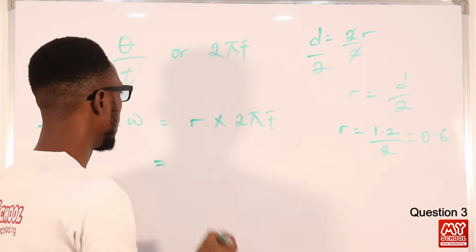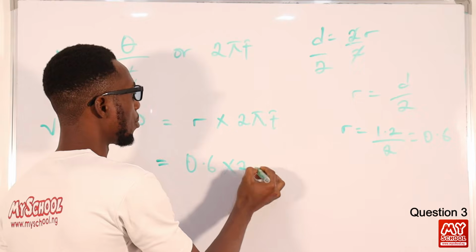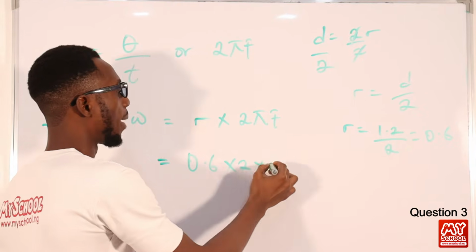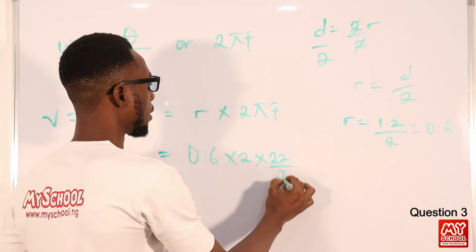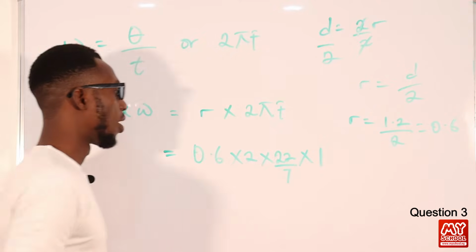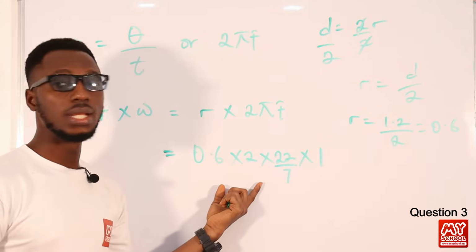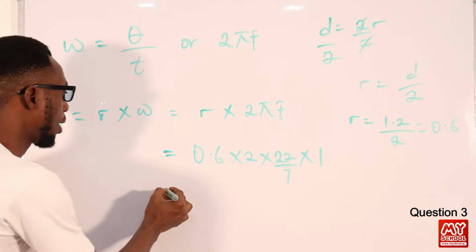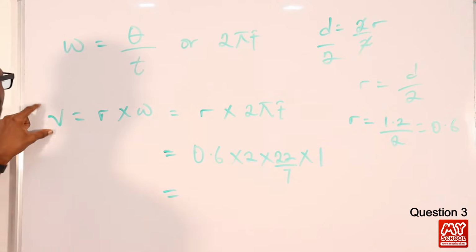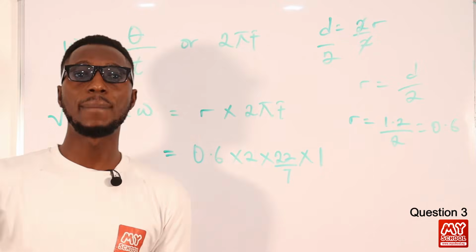So let me fix in the value. So we have radius as 0.6 times 2, times the pi, which is 22 over 7, times frequency, which is 1. All right, so if we carry out the multiplication here, because we are looking at linear velocity, your unit should be in meter per second.